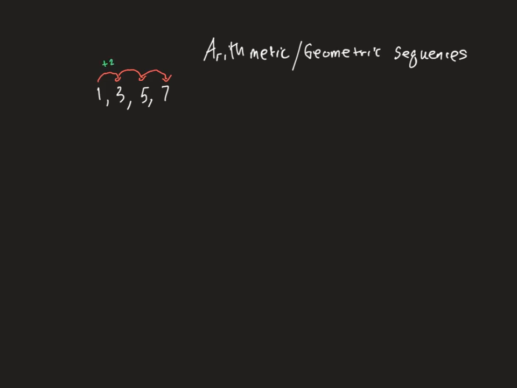From 3 to 5, it went up by 2. And from 5 to 7, it went up by 2. So the difference between each one, or you can say the common difference, is 2.